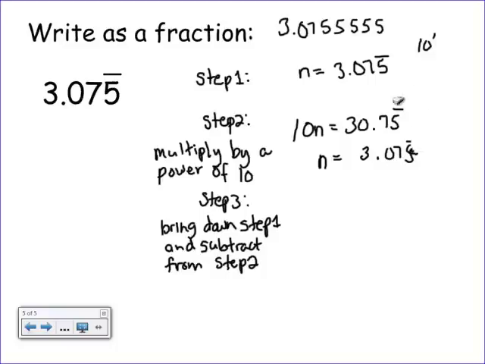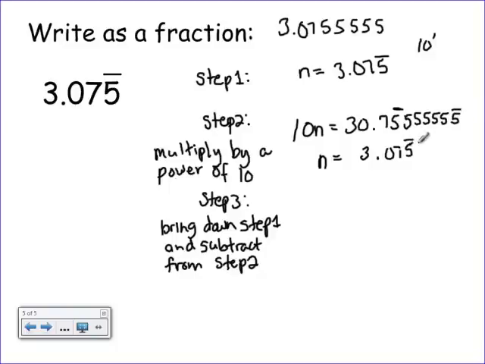Now, careful here. Let me rewrite that so you can see it. 5 here. What number is here? No, not a 0. A 5. Because it's repeating. So that means I have an endless amount of 5s going this way.